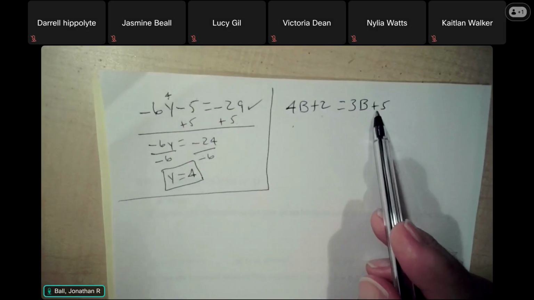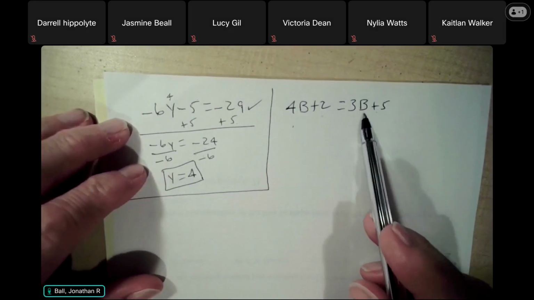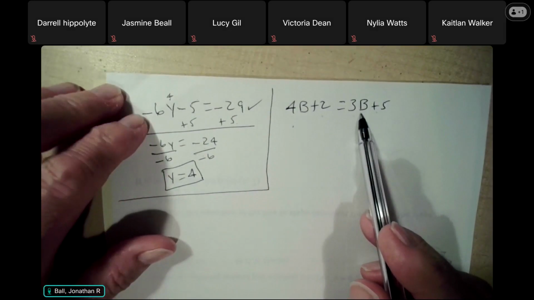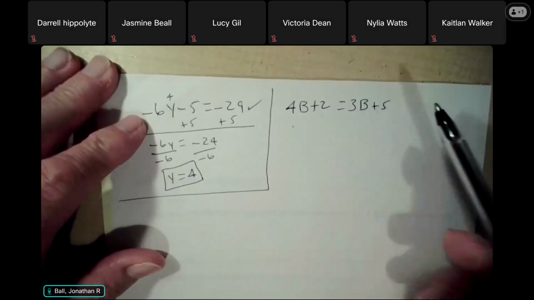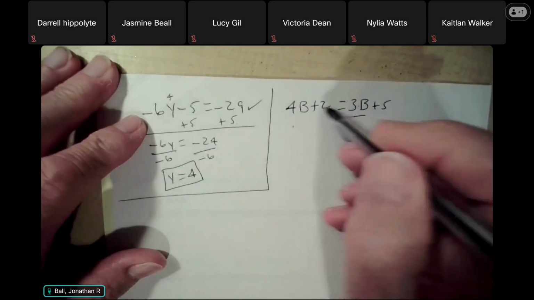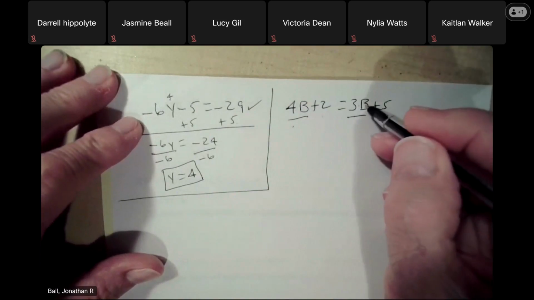Now, the thing you want to do here is move the variables first. You don't have to do that, but you might end up with a negative number. So move the small one first. Move this over here. How do we get rid of a 3b?